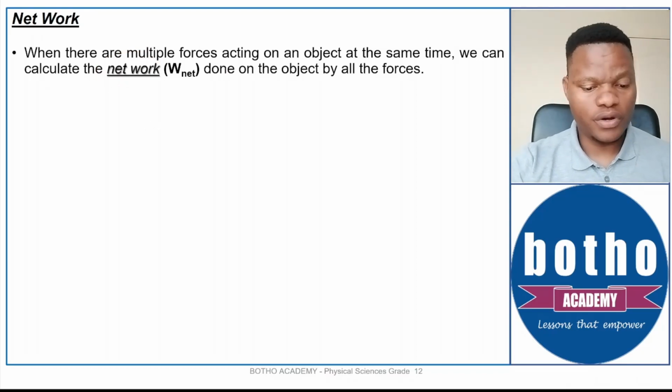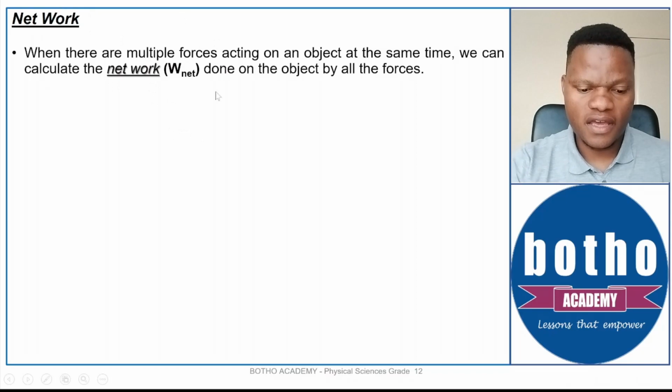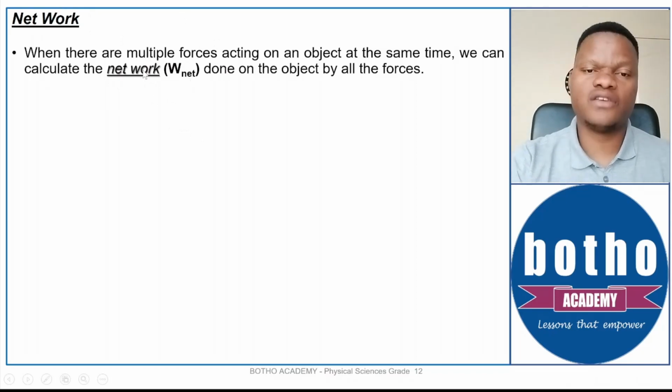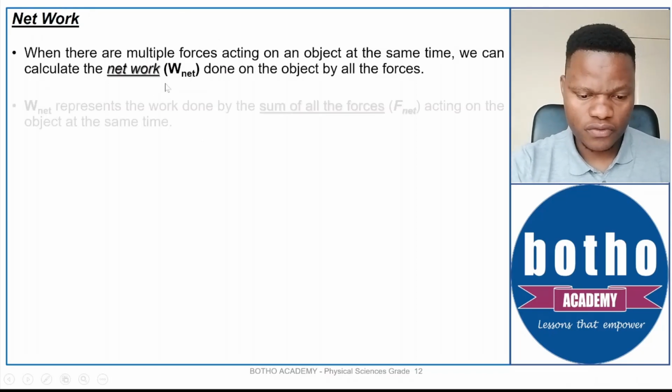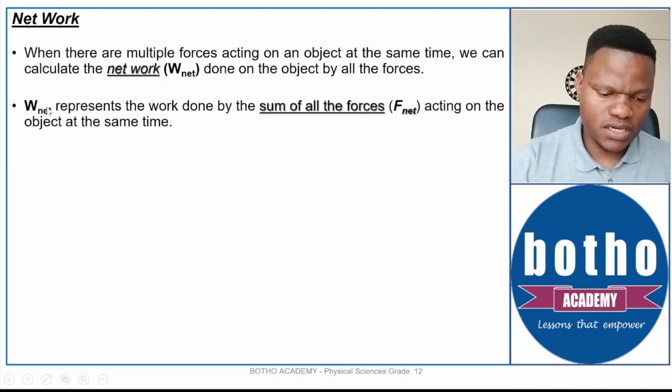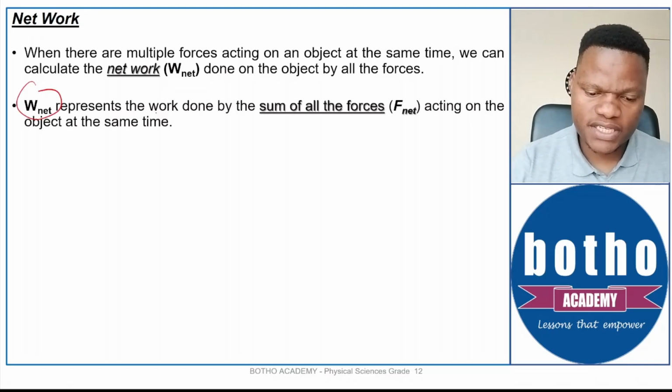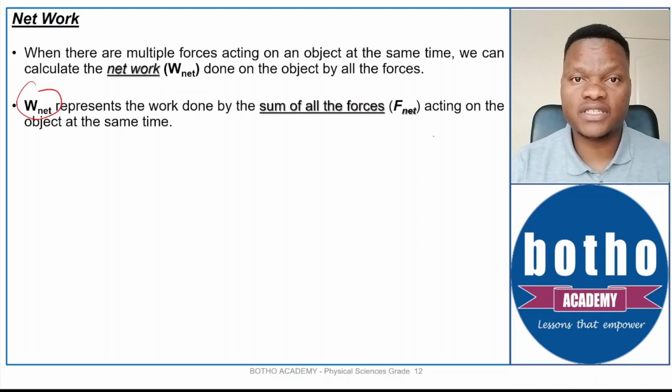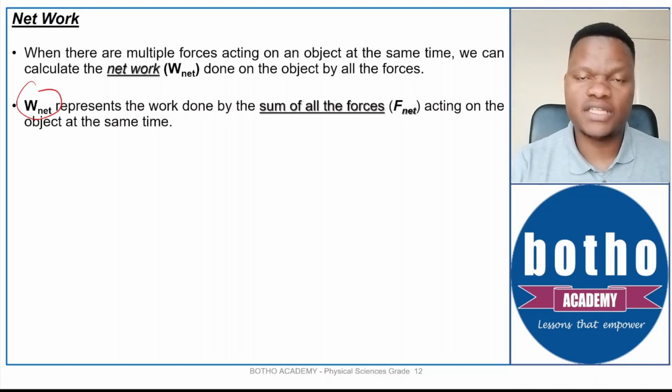When we see the word net, it means that we are going to be adding some things together to form one value. So W net in this case represents the work done by the sum of all the forces acting on the object at the same time.